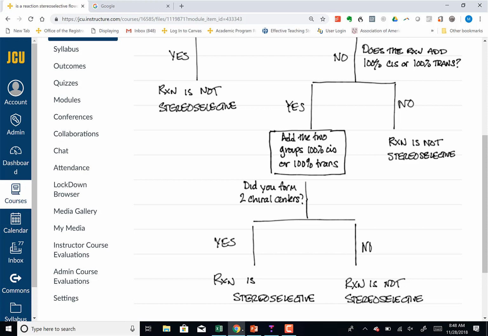So each and every reaction has to be taken individually. But there are some big rules. BR2 will never be regioselective. So if this helps, try to remember those steps, and remember the big things that automatically eliminate it.